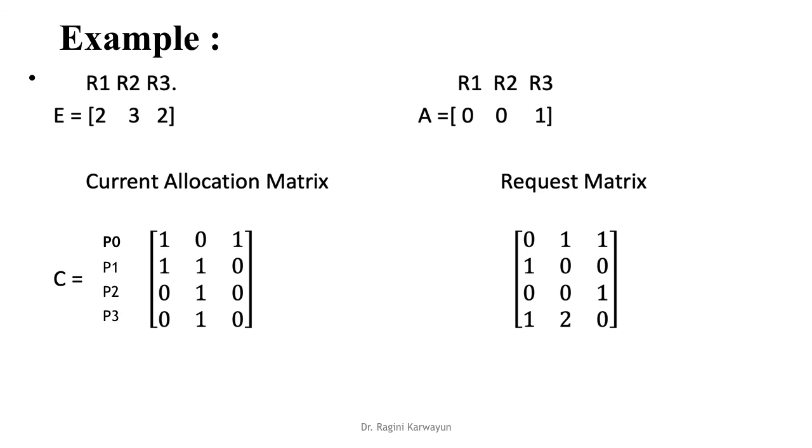We assume that P2 has finished its execution, so whatever resources P2 has allocated, that is 0 1 0, we add to available. So available will become 0 1 1. Now P3 is not less than 0 1 1, so we go back to the first row, that is P0, which is 0 1 1, so P0 will be able to finish its work.